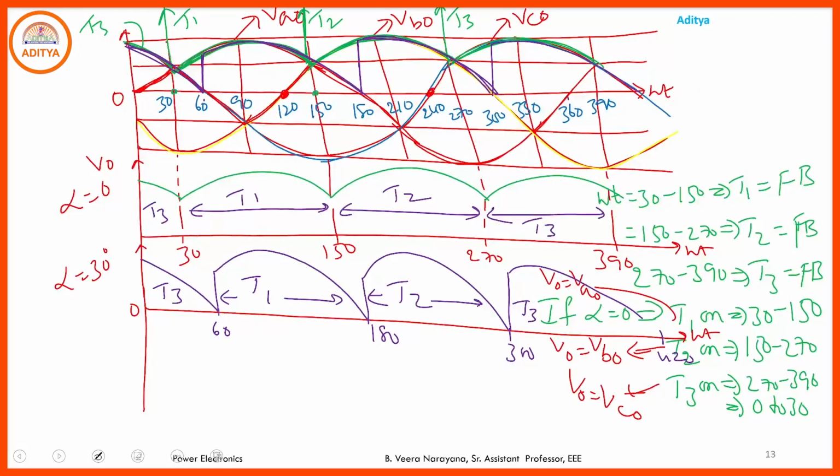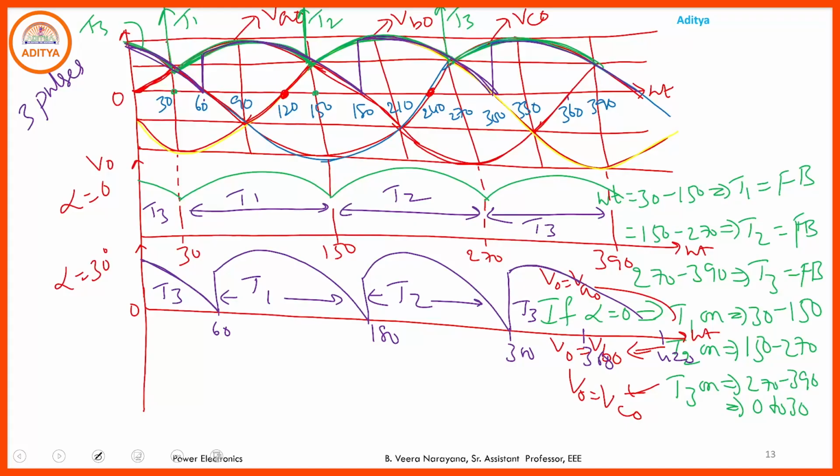Where is 360? This one. Here it is half and the remaining half is here. So for completion of one full cycle, we are producing 3 pulses in the output voltage waveform. Hence this 3-phase half-wave converter is called the 3-pulse converter.